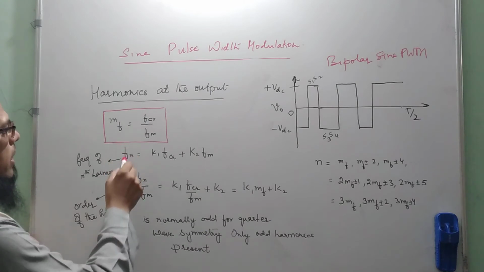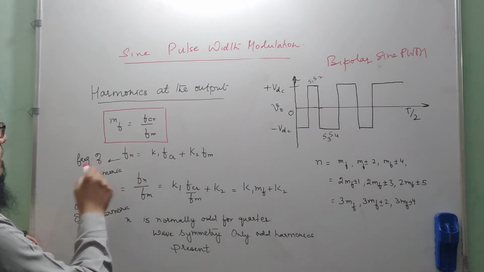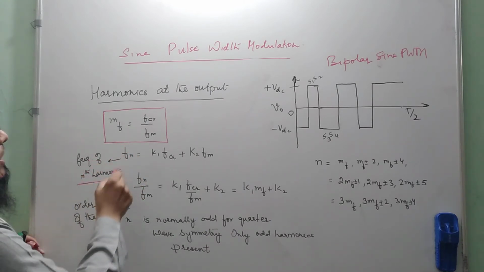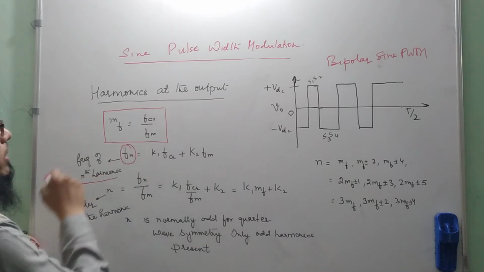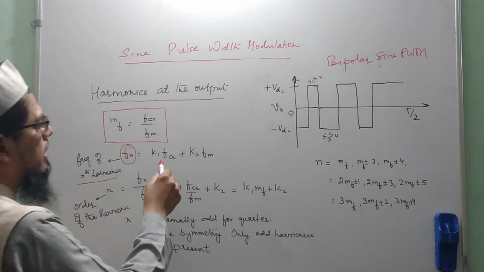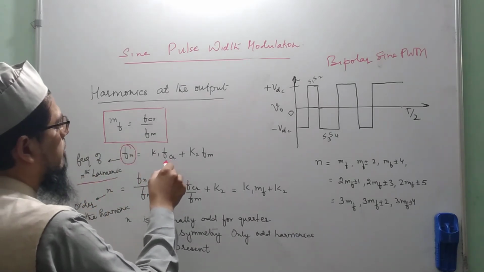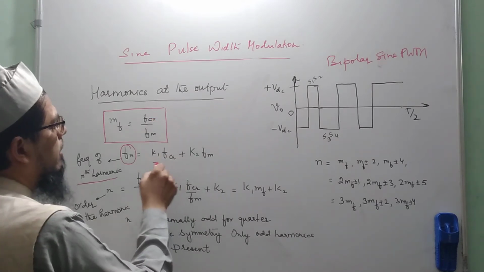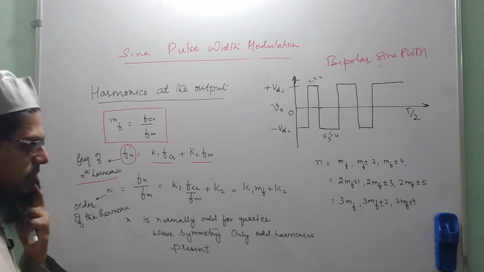So let us define the frequency of the nth harmonic, let me call it Fn, which can be given by the linear combination of FCR and Fm.